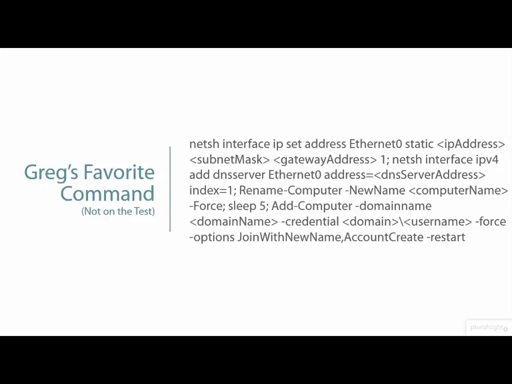These different commands are executed inside of an elevated version of PowerShell and begin with the netsh command. This command is used to go about configuring the static IP address, subnet mask, and gateway address for the network adapter Ethernet 0 right here. Once that's done, the same command is used to add in the DNS server with the DNS server address.